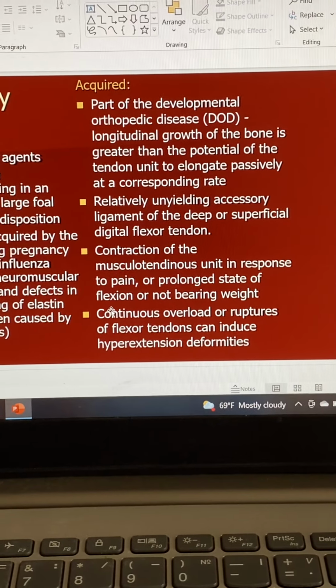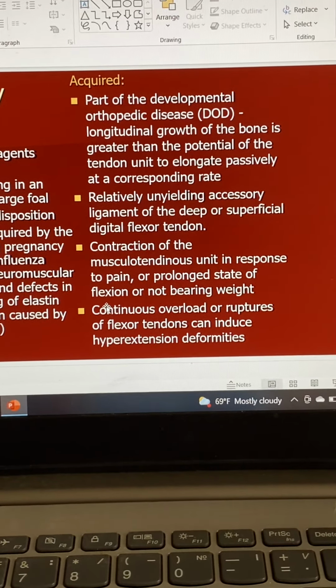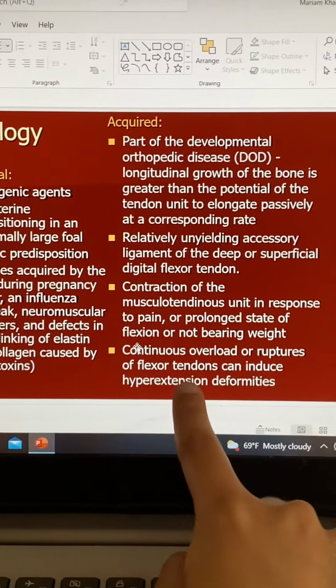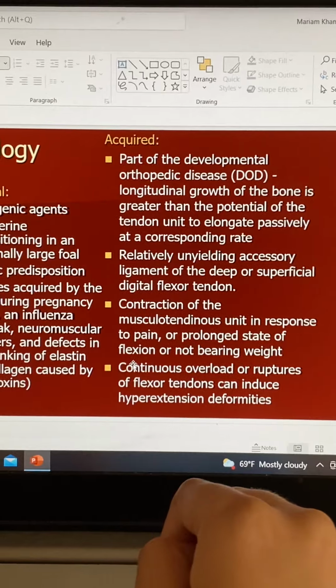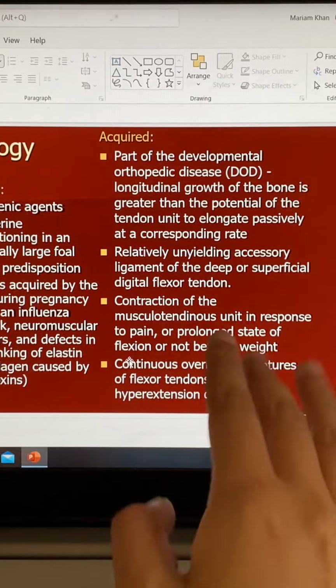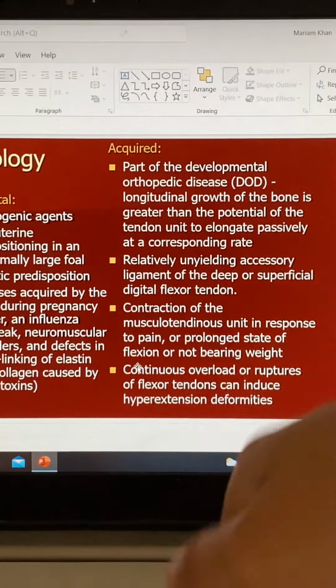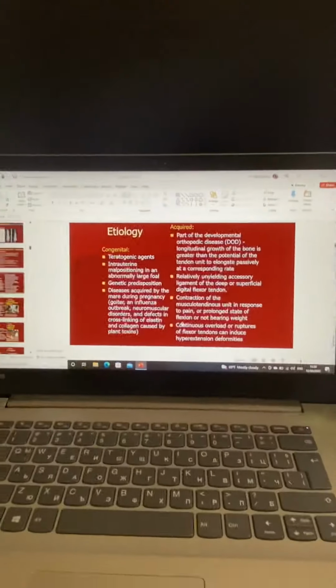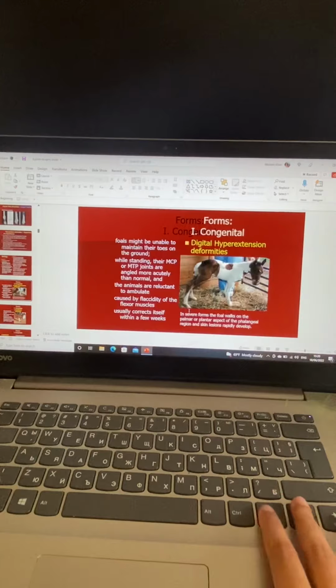Continuous overload or ruptures of the flexor tendons can induce hyperextension. If the animal is in pain, they'll flex too long and not bear weight, and this leads to issues. Okay, we'll stop here, and afterwards we'll continue with congenital.